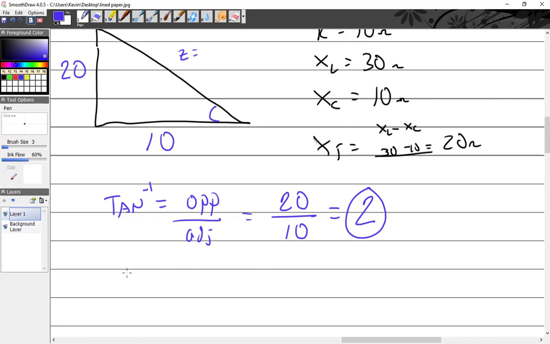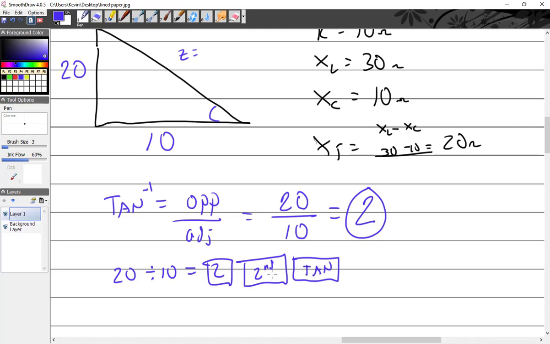So here's what I'm going to do. In my calculator, I'm going to put 20 divided by 10 equals, and I get 2. Then I have to hit the second key, and then I have to hit the tan key.